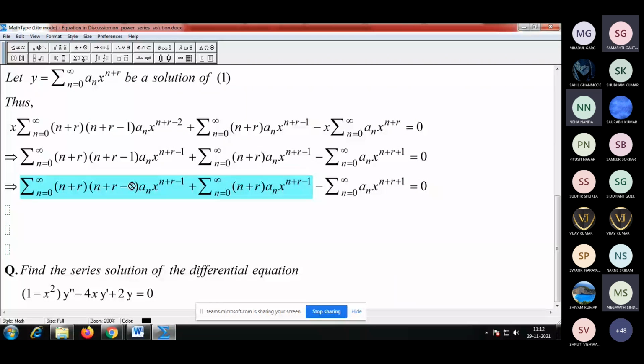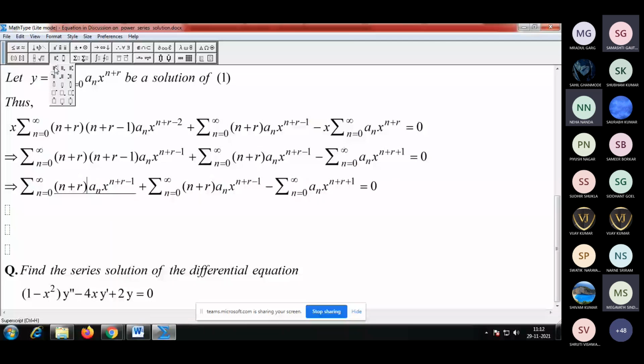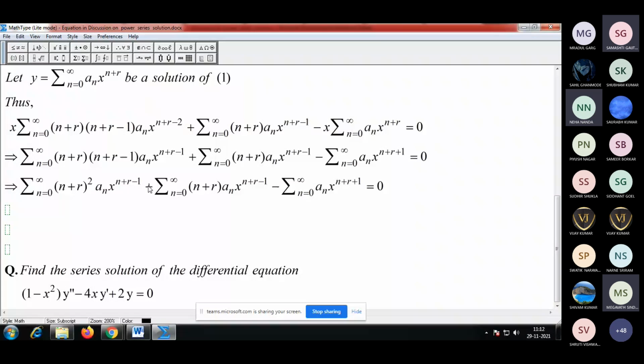So n plus r minus 1 plus 1 gives n plus r, since minus 1 plus 1 is 0. So when we combine both summations, it becomes n plus r whole square a n x to the power n plus r minus 1, and this term is cancelled out. It has been combined with this one.